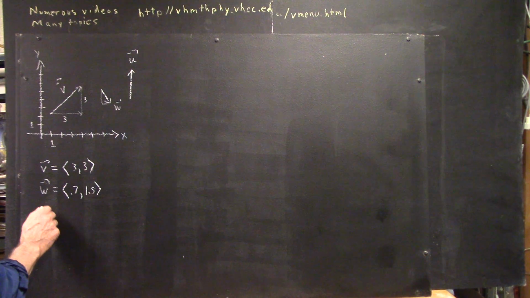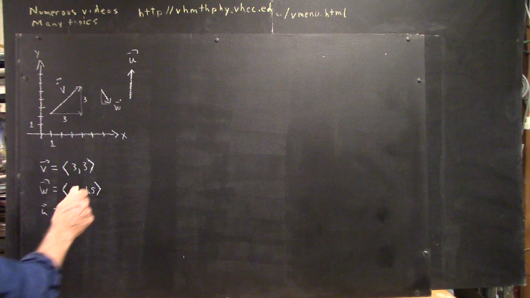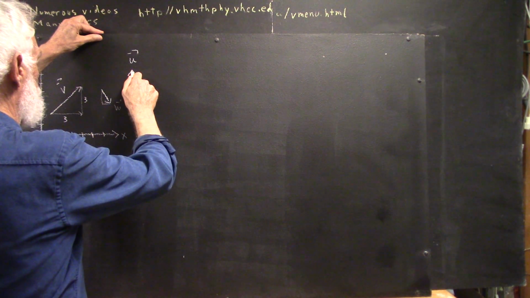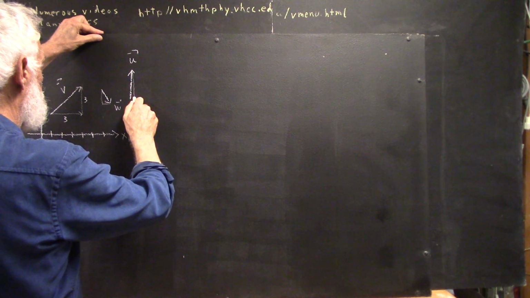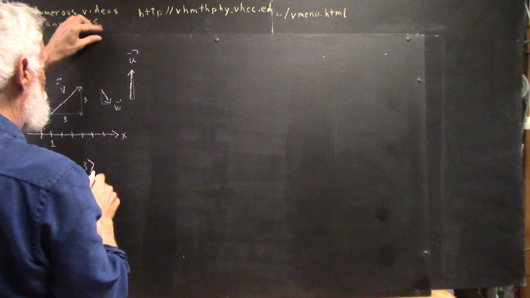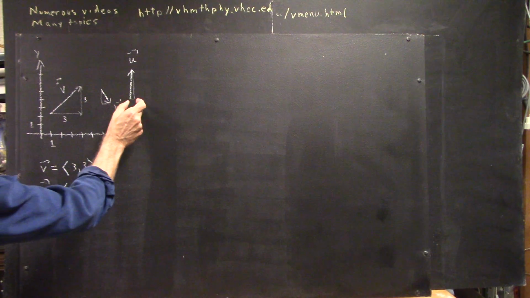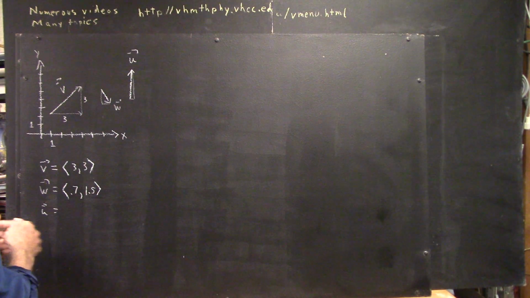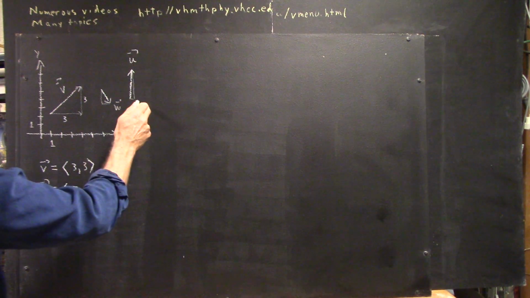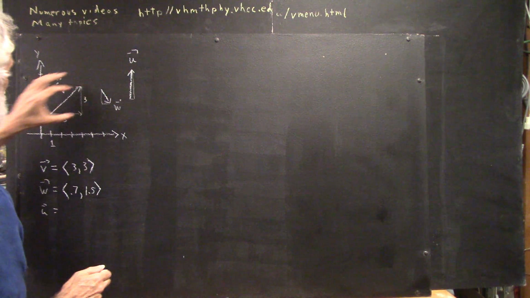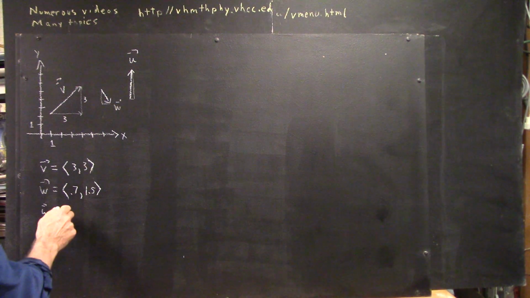U, what's the U vector? Well, the way the U vector is drawn, it goes over just a little bit in the x direction, and it goes up quite a bit in the y direction, okay? So let's see, if a unit is this big, that looks like about 0.4 in the x direction, and then it looks like we go about 3 in the y direction.